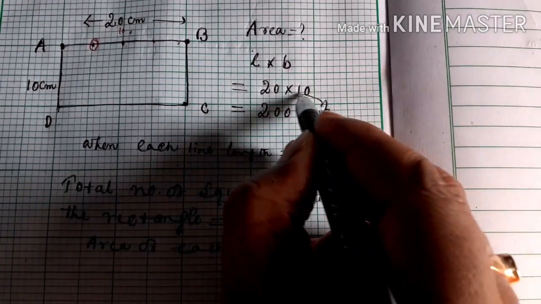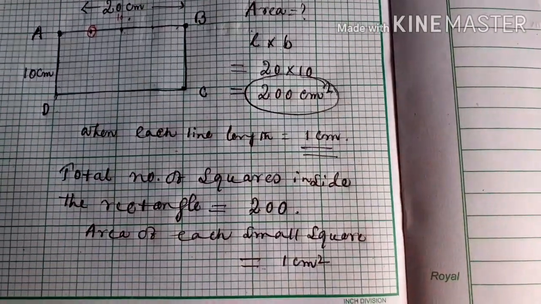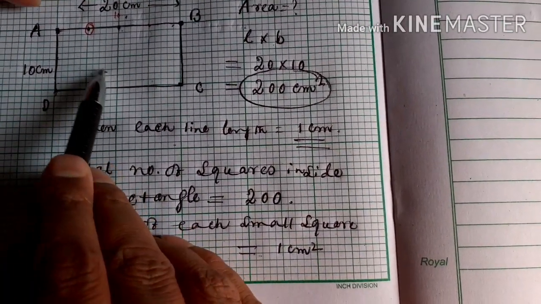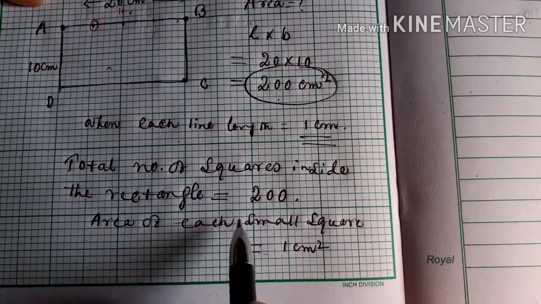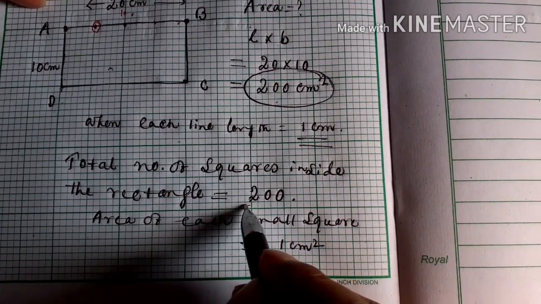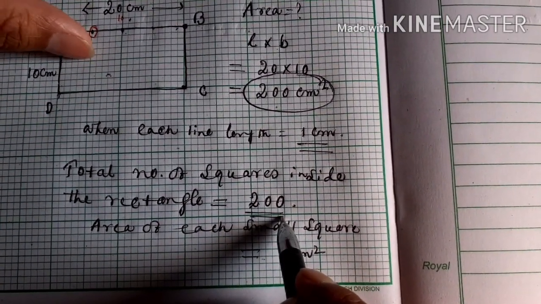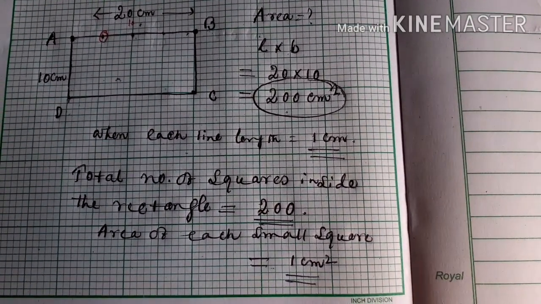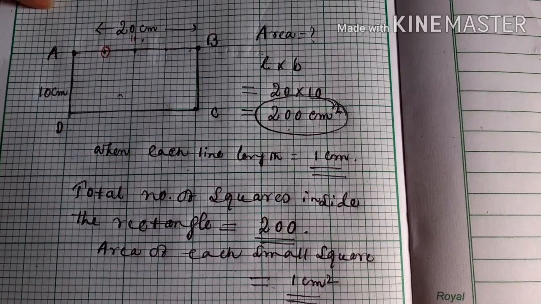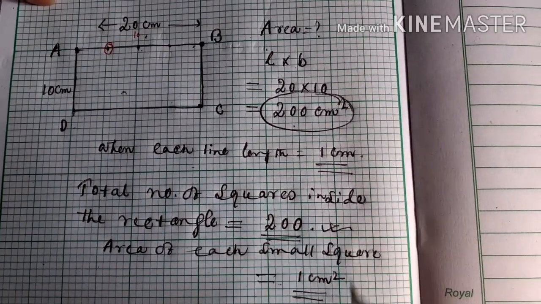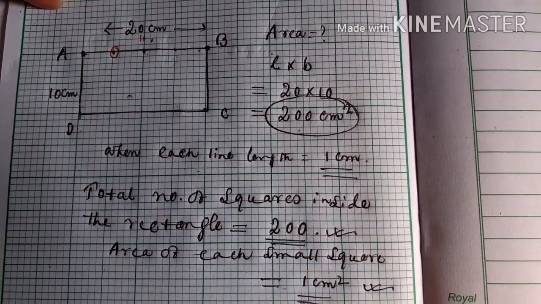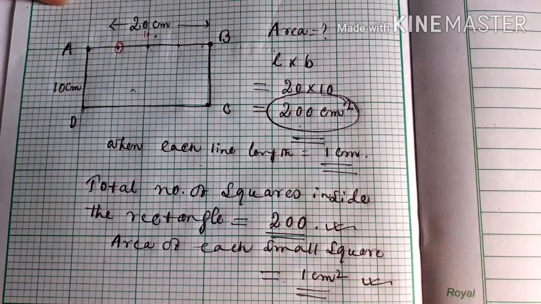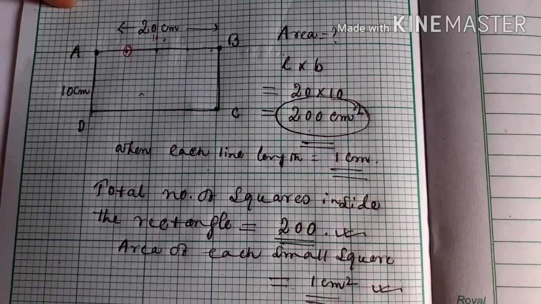So to get this area, you have already calculated the area of this rectangle. Now you have two data. First of all, the number of squares present inside is 200, and the area of each and every small square is equal to 1 centimeter square. So if you multiply 200 and 1 centimeter square, you will definitely get this value, 200 centimeter square area.